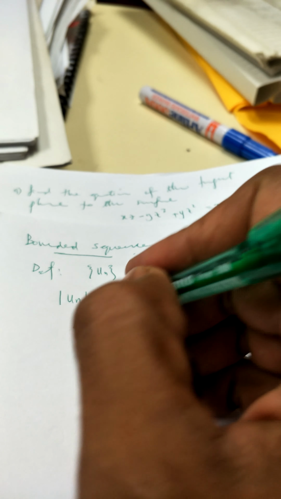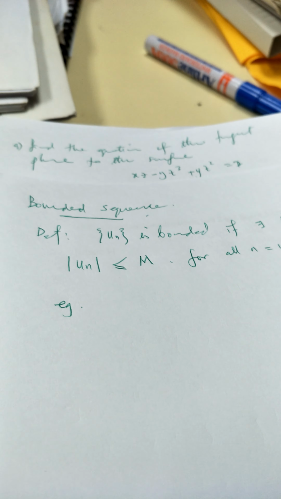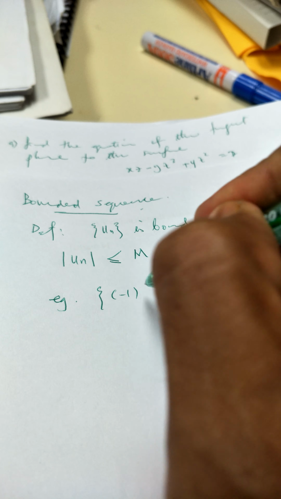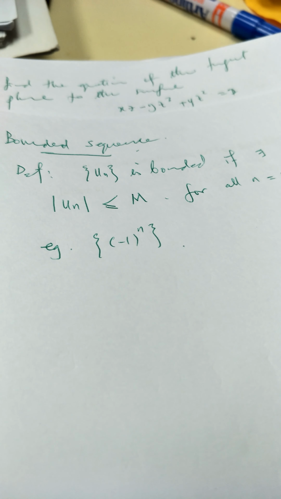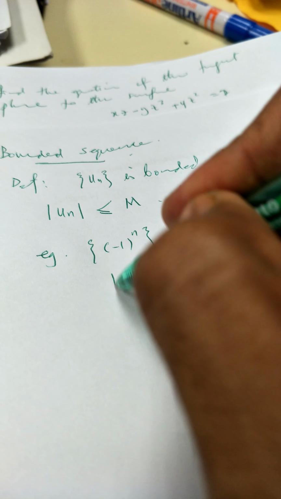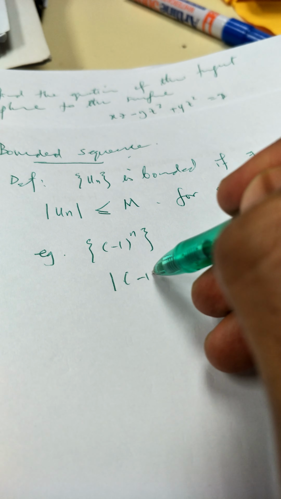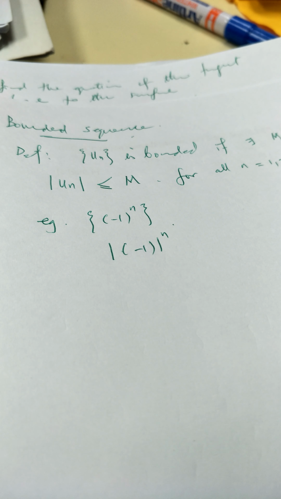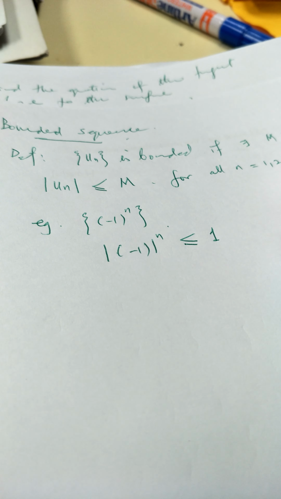For example, if we have the sequence that I mentioned earlier, -1 to the n, if we take the absolute value of those terms, definitely this value will not get bigger than 1.